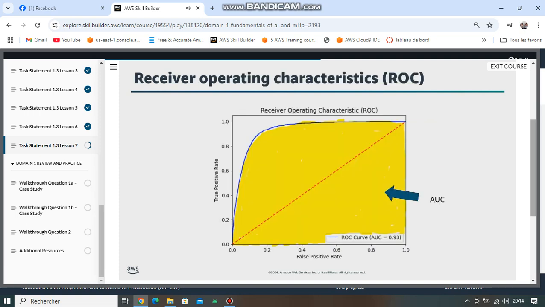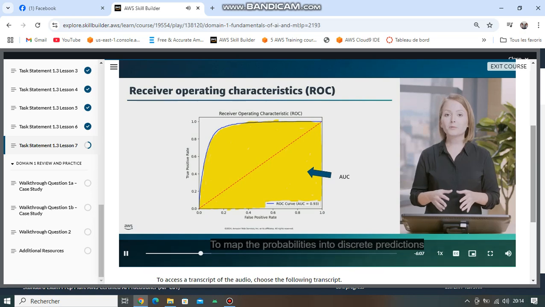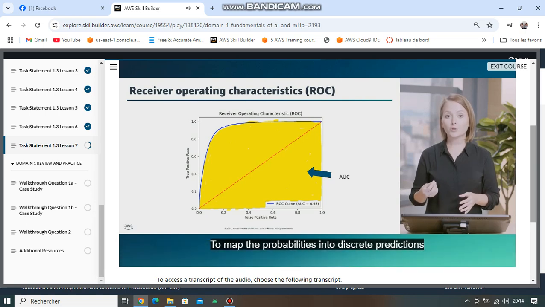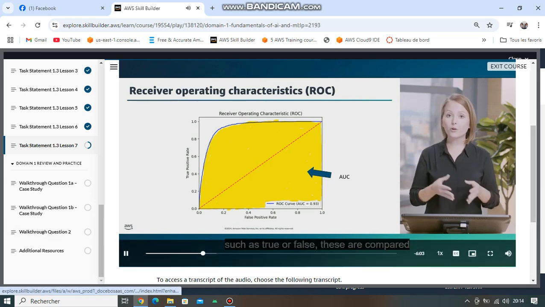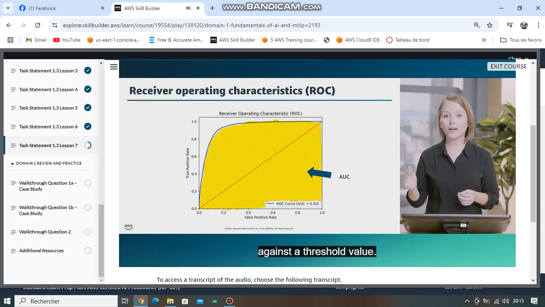The area under the curve, also known as the AUC metric, is used to compare and evaluate binary classification by algorithms that return probabilities, such as logistic regression. To map the probabilities into discrete predictions, such as true or false, these are compared against a threshold value.